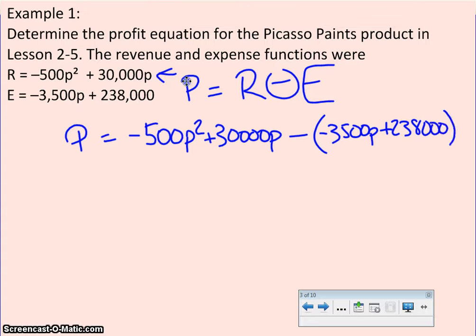And the reason I put that in parentheses, and I got that was my expense equation, is I'm kind of going to say that there's a 1 there because it's minus a negative and minus a positive, so it's going to actually change the signs.